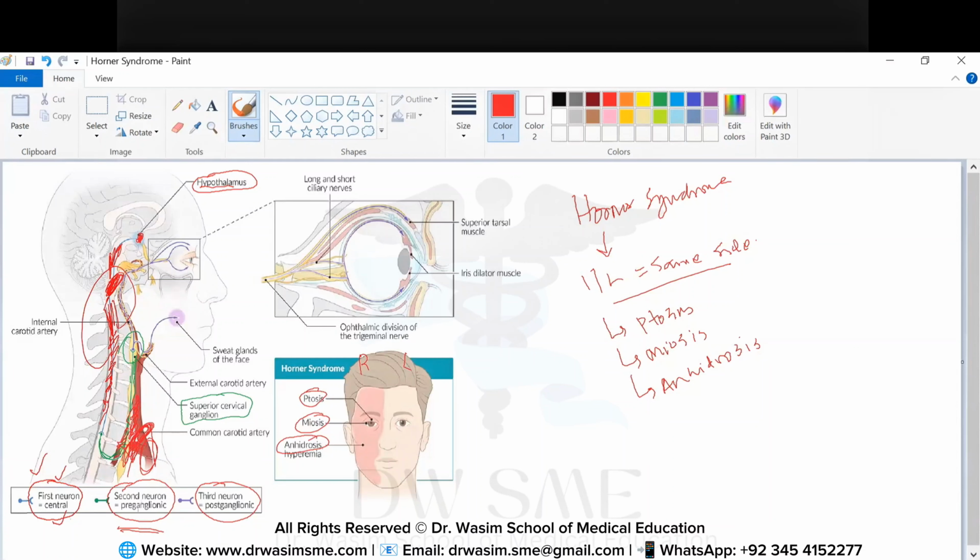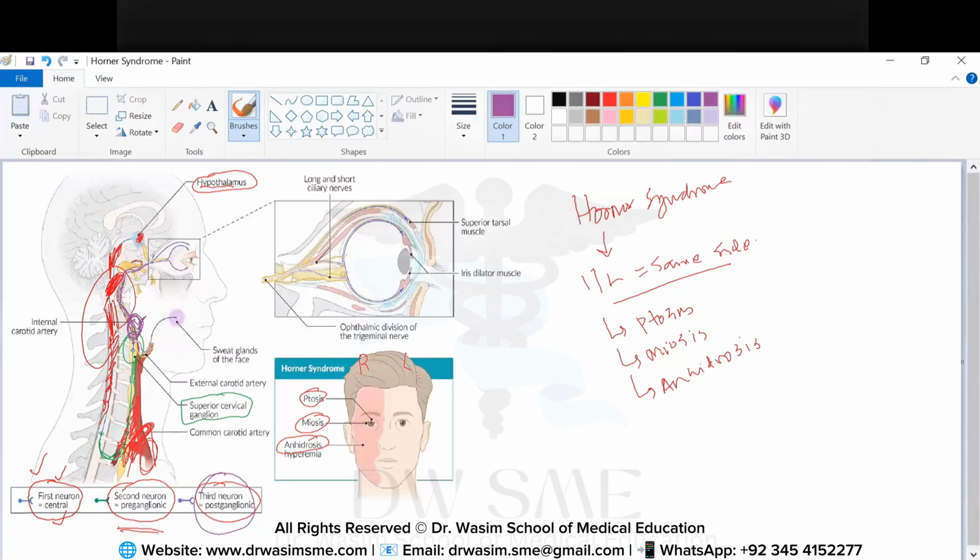Now, next to this preganglionic or second neuron Horner syndrome is the other neuron, called the postganglionic, the third one. What are the possibilities? One is the internal carotid artery. If there is a dissection of this internal carotid artery, it may cause third neuron or postganglionic Horner syndrome.